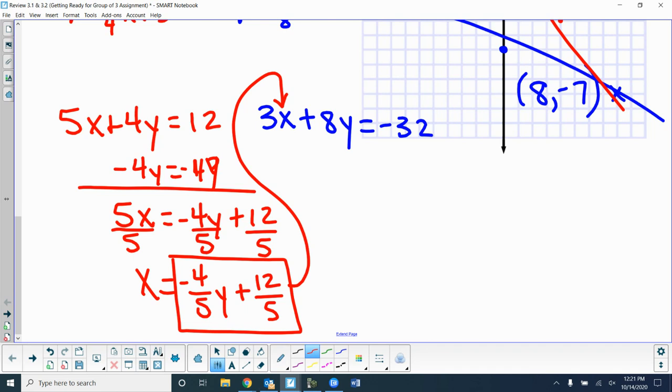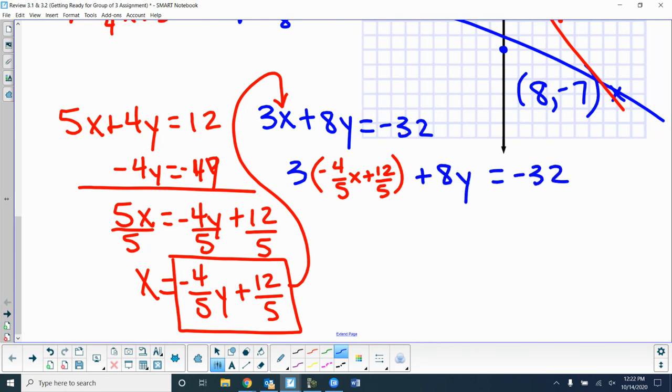Okay, so this is going to be 3 times negative 4/5 x plus 12/5, and then plus 8y equals negative 32. Everything else is the same. The only thing that changes is that x becomes whatever you said x equals.